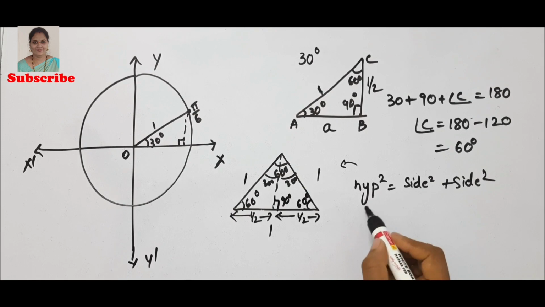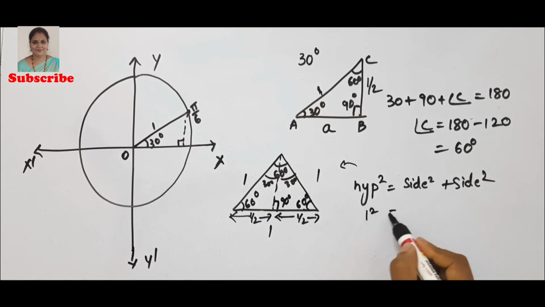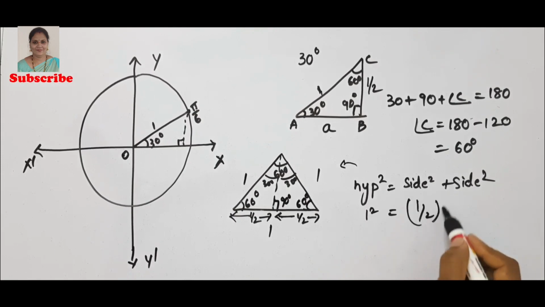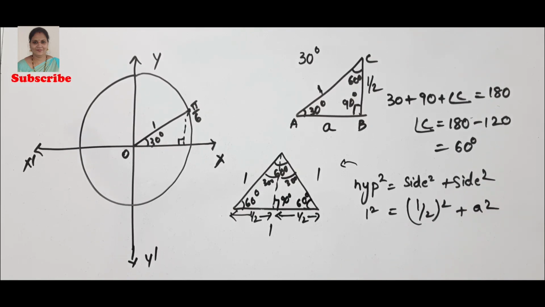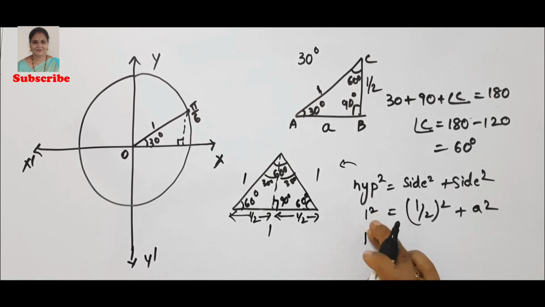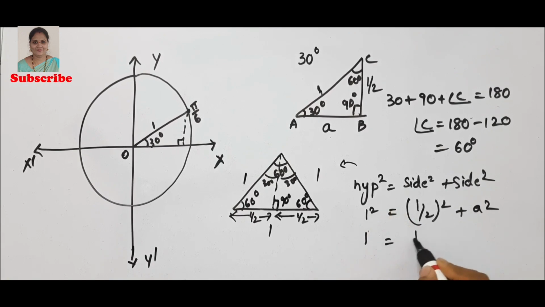So this becomes 1 square is equal to 1 by 2 whole square plus a square. 1 square is nothing but 1. So 1 equal to 1 by 4 plus a square.